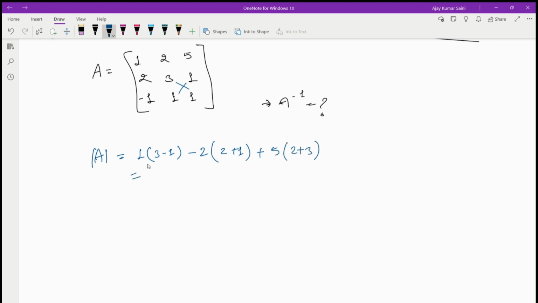So it is 2, minus 6, plus 25. So 21. Okay, so it is not equal to 0. That means the inverse of that matrix exists.